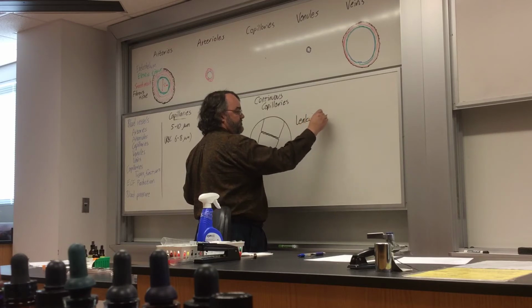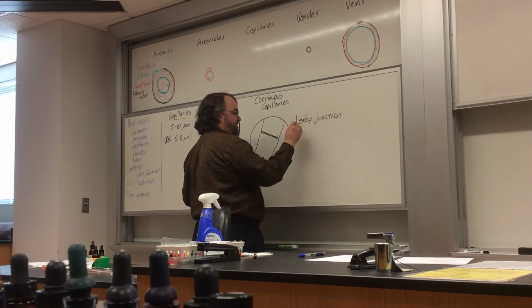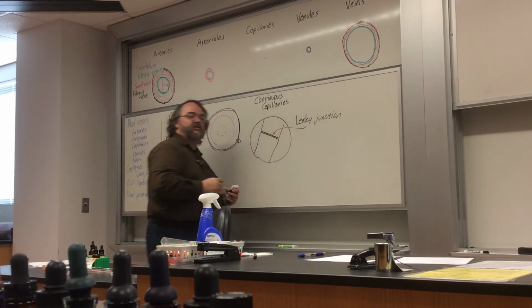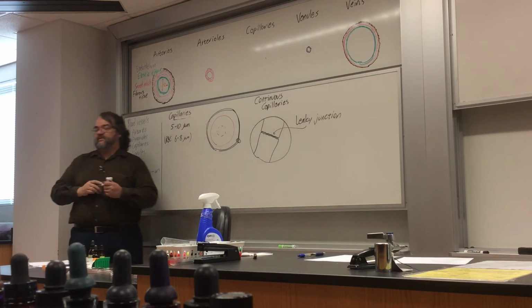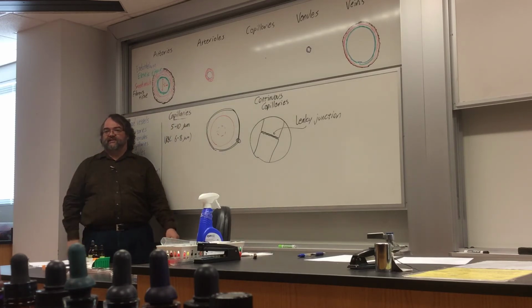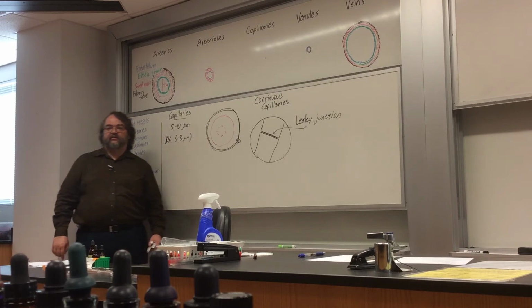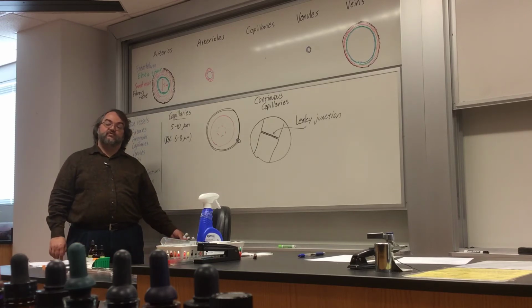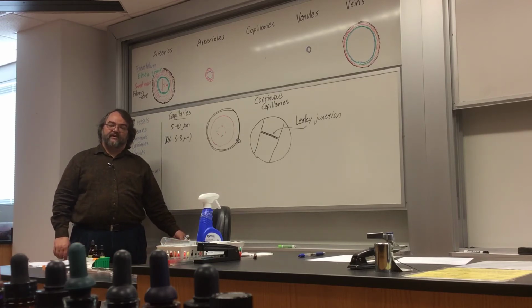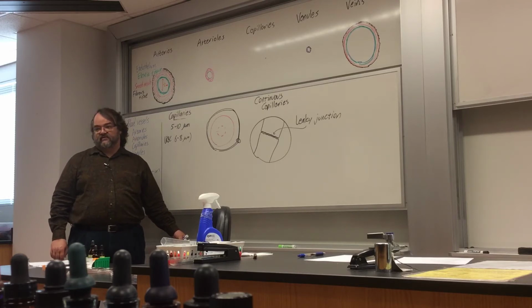This is for the walls of continuous capillaries. Where the endothelial cells come up together, they form what's called a leaky junction. And it's barely leaky. That's a very, very narrow gap. The gap is generally too small for things like glucose to get through.